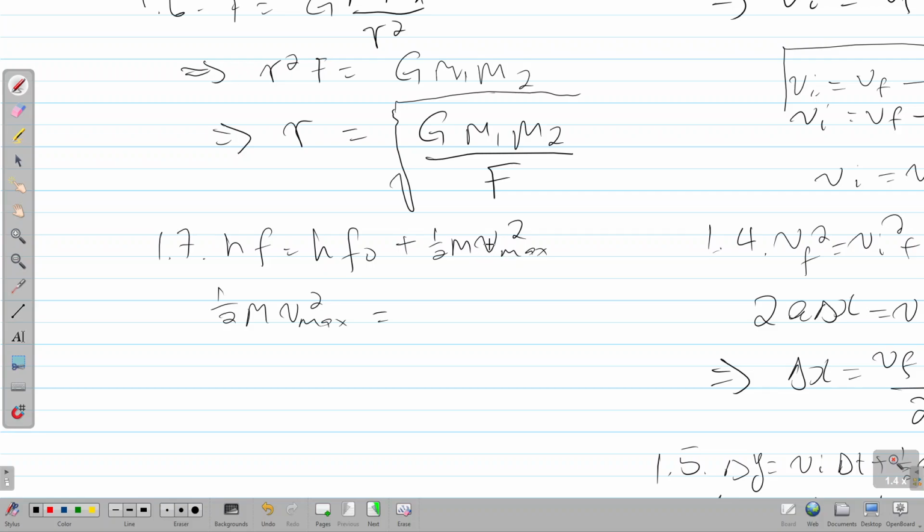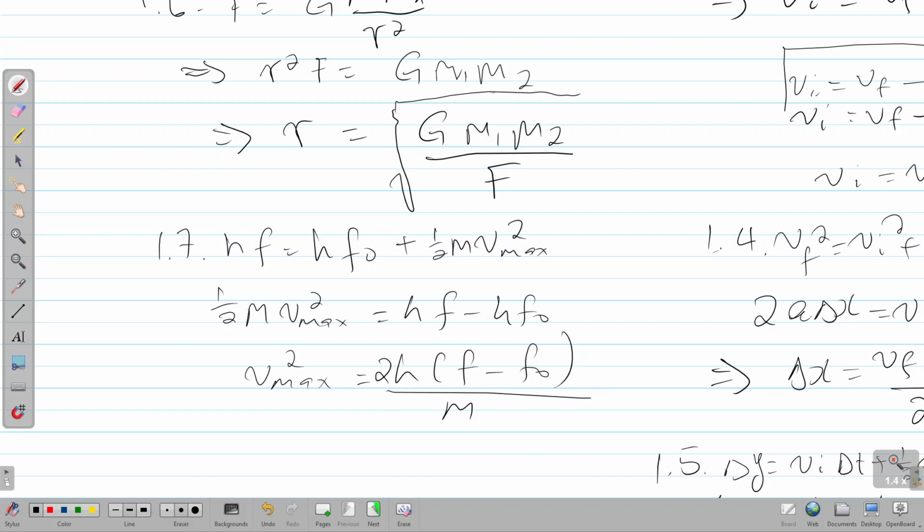But then I can write what's on the right hand side on the left hand side, and then copy what's on the left hand side on the right hand side. So that is hf minus hf naught. And then we multiply by 2 and divide by m to remove the coefficient in front of Vmax. So then we have Vmax squared equivalent to h times f minus f naught, multiplied by 2 and then divided by the mass m, all right?